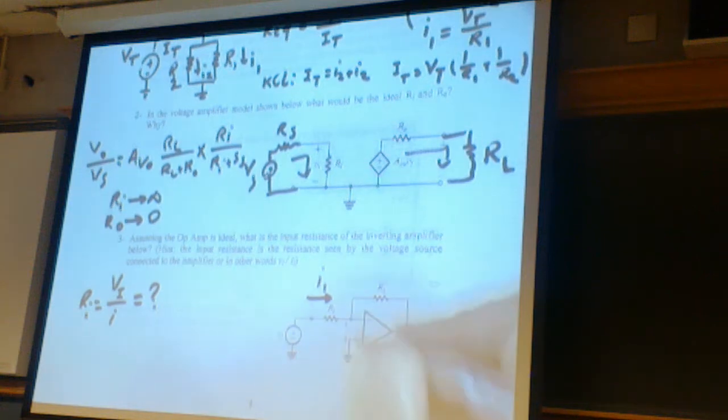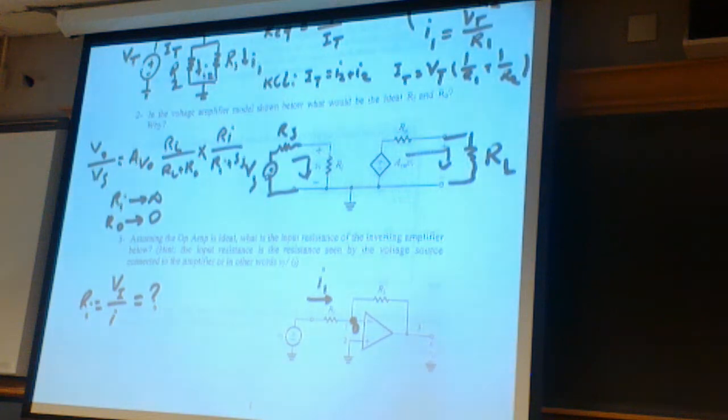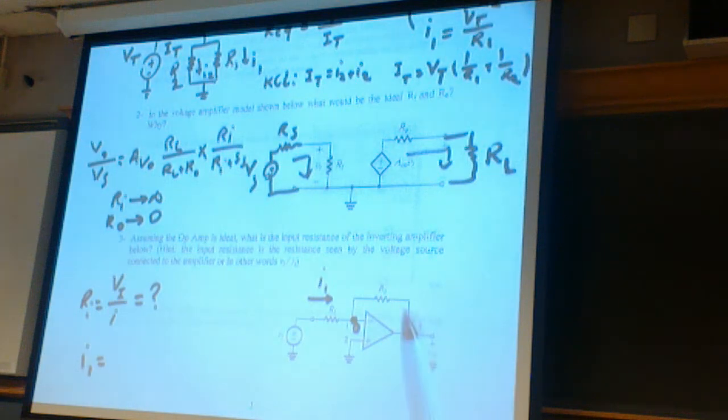So this we call V minus, and this is V plus. V plus is ground, so this one is going to be ground. That's an op amp, right? So that's a ground. So II, Ohm's law. What's II? Who wants to do II? Michael?